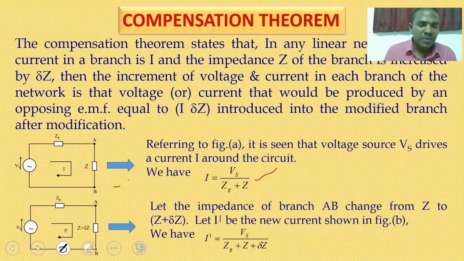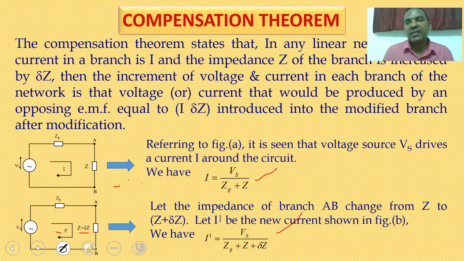Let us assume the total impedance now changes to Z plus delta Z. So there must be an increment in the current, which I am taking as I dash. For this incremental impedance, instead of Z we are taking Z plus delta Z. The incremental current value is Vs divided by Zg plus Z plus delta Z.